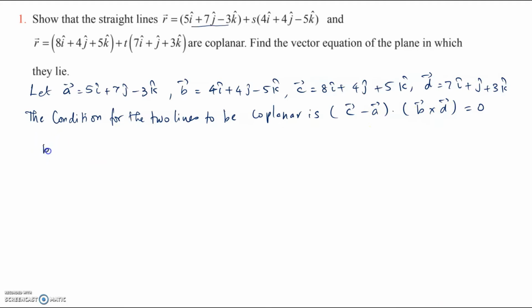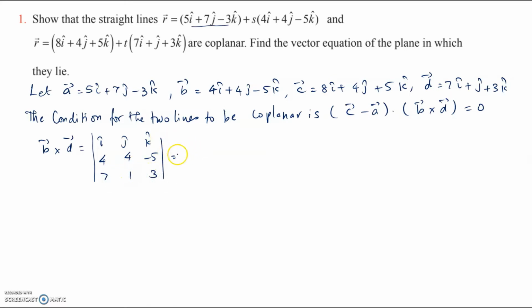So let's find what is b cross product with d vector. So that is given by the determinant with i cap, j cap, k cap. Coefficients of i cap, j cap, k cap for b is 4, 4, minus 5. Similarly for d it is 7, 1 and 3.